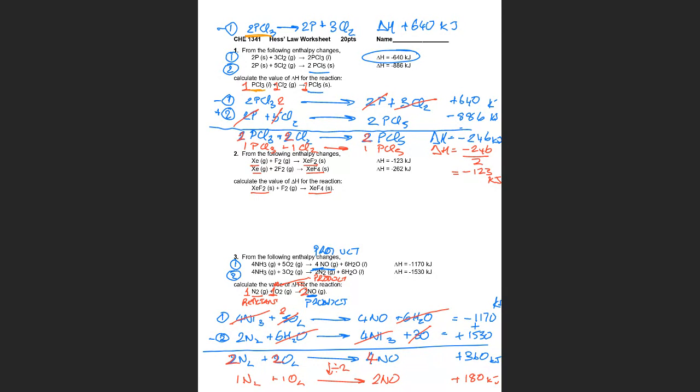It doesn't matter how circuitous a path you take to get that number, which is how Hess's law works.